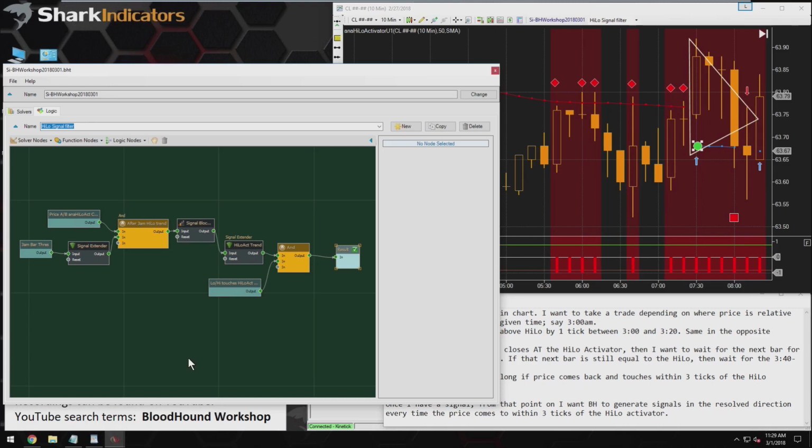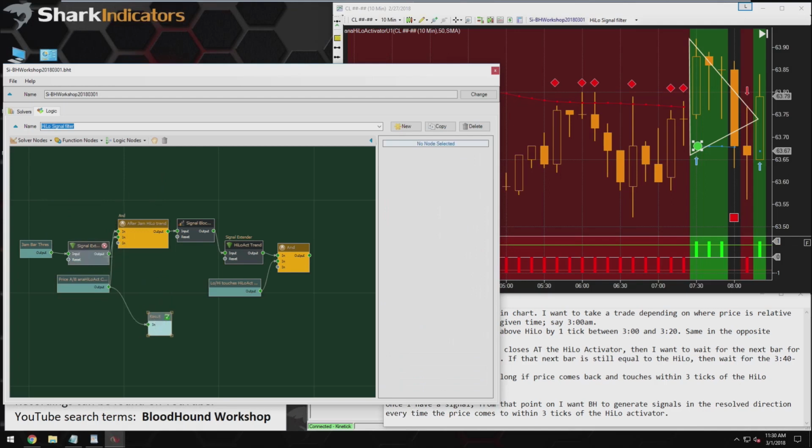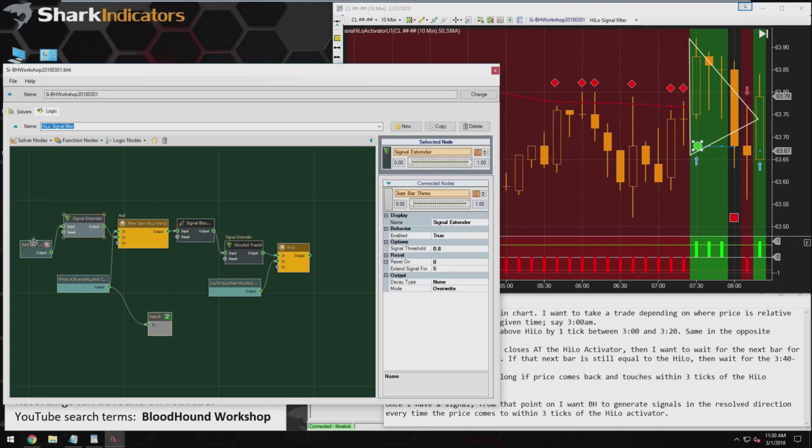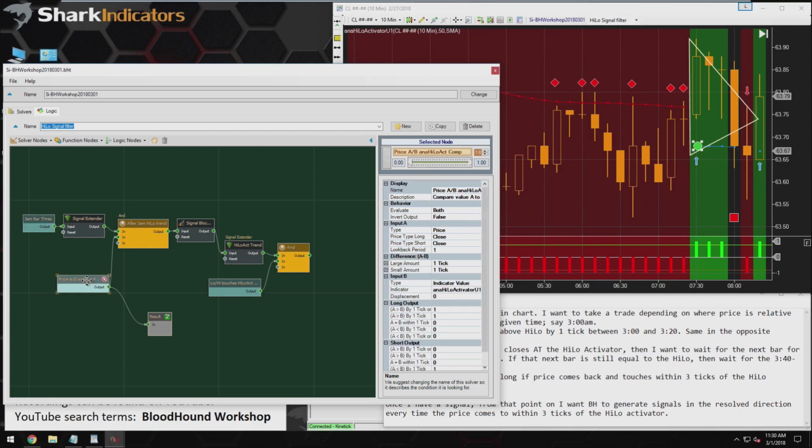But let's see here. Actually, you know what? We already have this done with this solver here. So let's reuse this solver instead of making a new one.